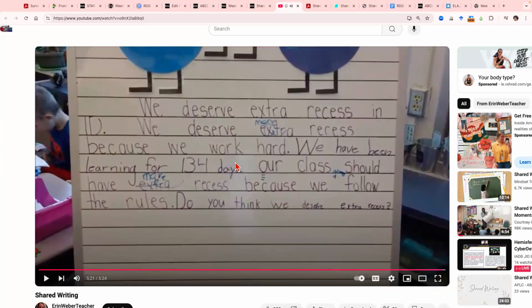I'm going to pause it right here because I want you to recognize she has taught kids revising techniques. She's taught them the editing marks. Some teachers are going to do that. I used to teach it early on as well. So these three lines down here mean that they need to capitalize. Why? Because it's at the beginning of a sentence, it follows a period. So that's why you would capitalize this. They're inserting a word. And so they know that they need a word between class and should.